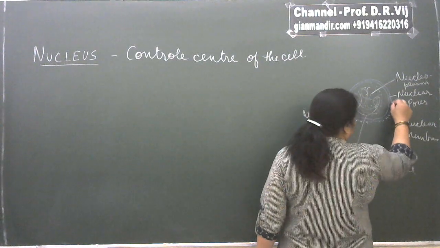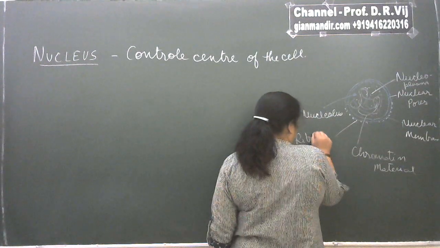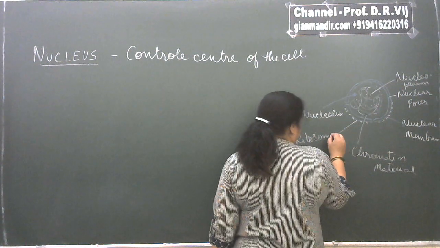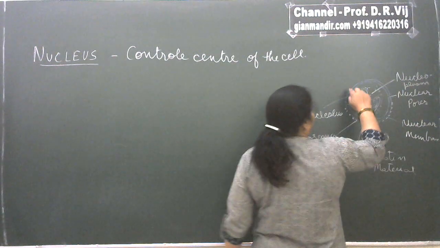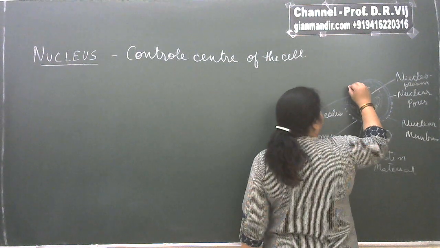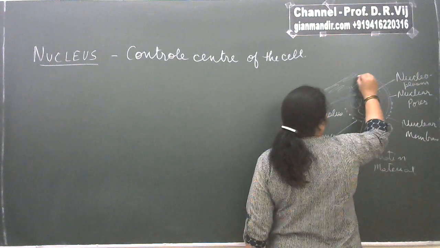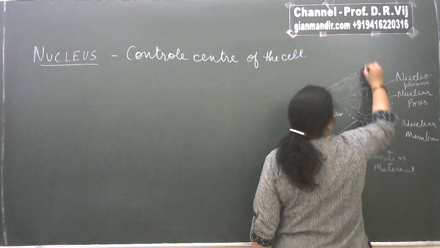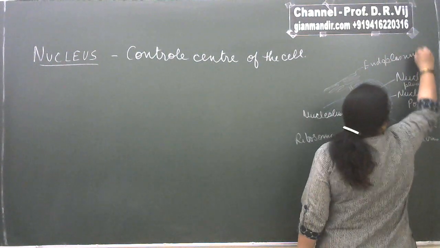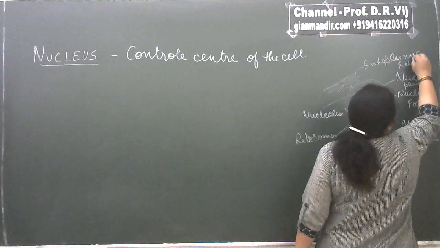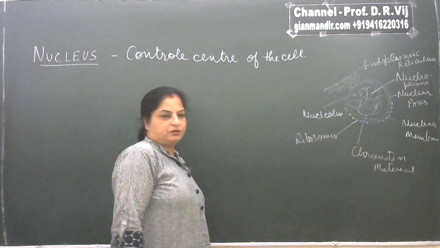So here you can see either the outer part of nuclear membrane is associated with ribosomes, or sometimes the same nuclear membrane from the external part is associated with continuous tubule-like structures, and these tubule-like structures are what? That is endoplasmic reticulum.